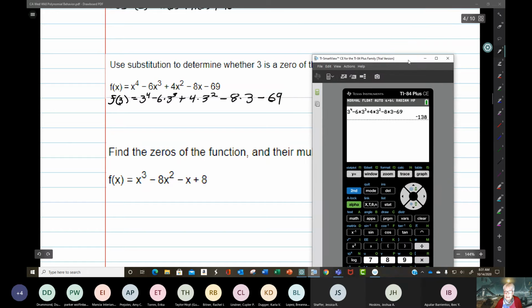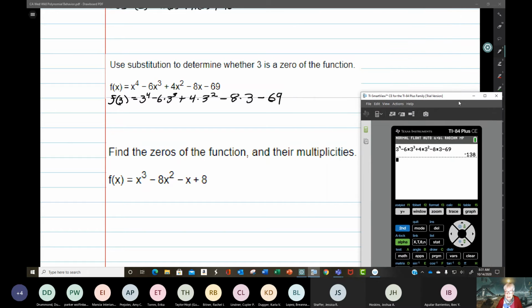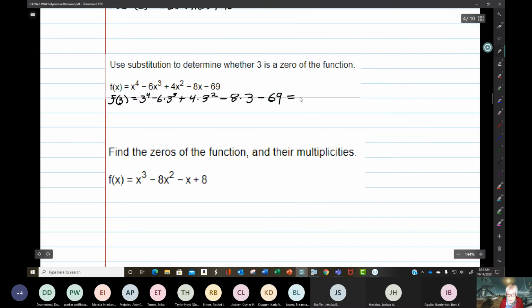Well, I guess that means that 3 is not a 0. Which is not 0. So no, 3 is not a 0 of f of x.